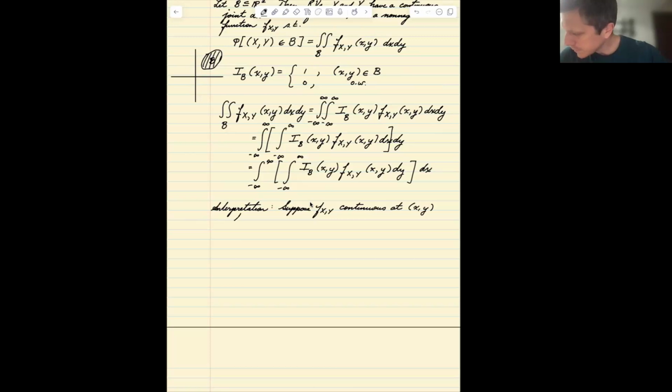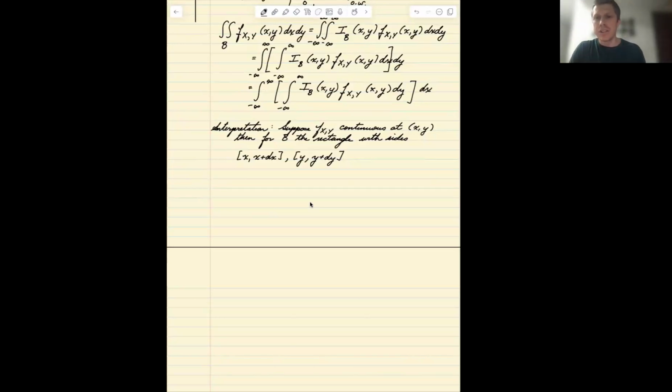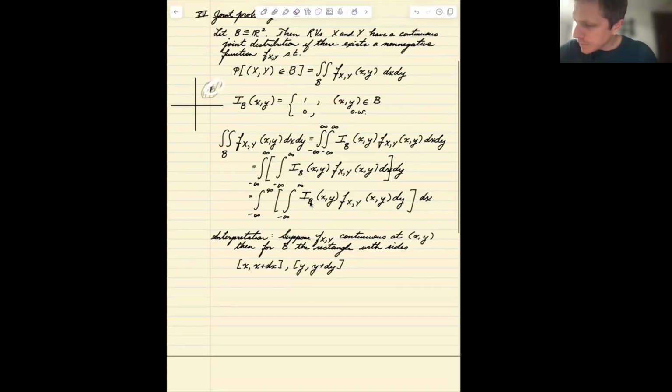Then for B defined as the rectangle with sides given by x to x plus dx, y to y plus dy, it's the same concept, except now we're drawing a two-dimensional square with very small sides. Let's make this more regular, and let's call B this square going from x to x plus dx, y to y plus dy.